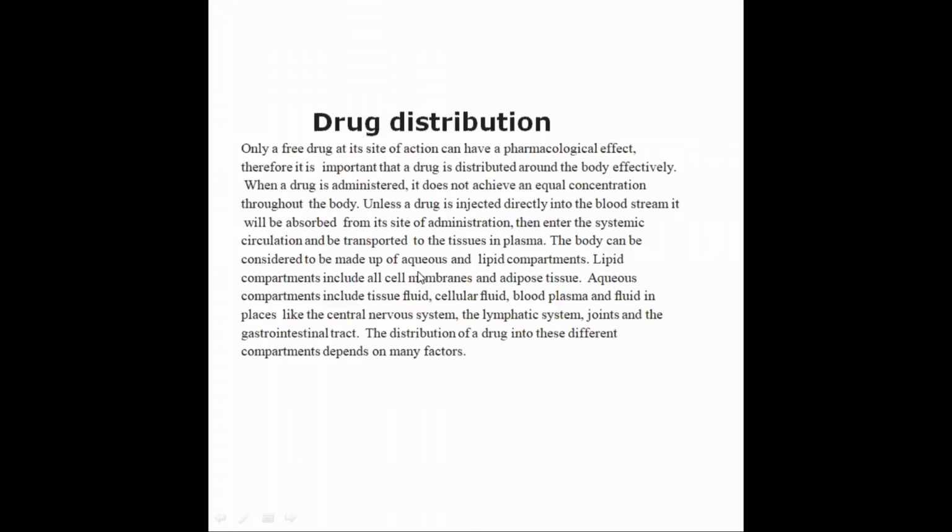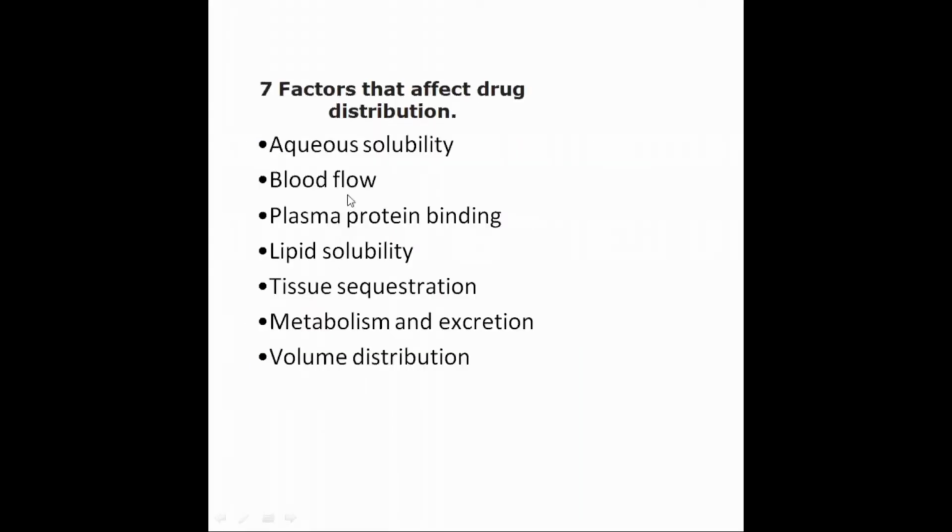Now, the drug passes all through this. And if you want the drug to achieve its effect, it has to be distributed into different compartments. And there are a lot of factors that can impact on that. So what are the factors that affect drug distribution? We have these 7 factors that affect drug distribution.